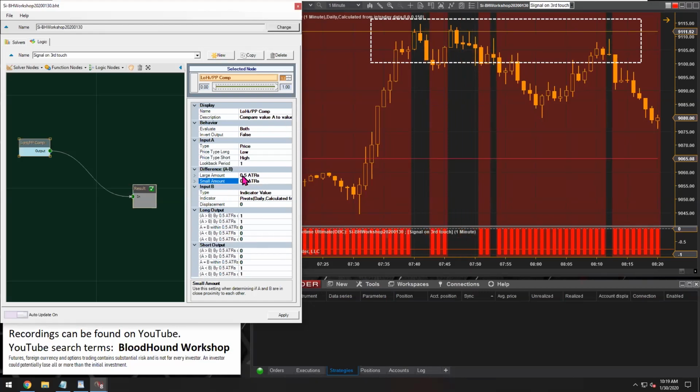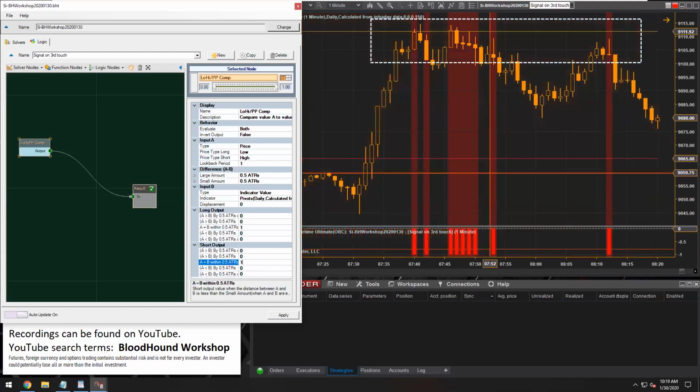So now we have a 0.5 ATR for our difference between the high and low price of the bar to the pivots lines. All right, and next we need to adjust the output here. So we want to know when input A equals input B within half an ATR.